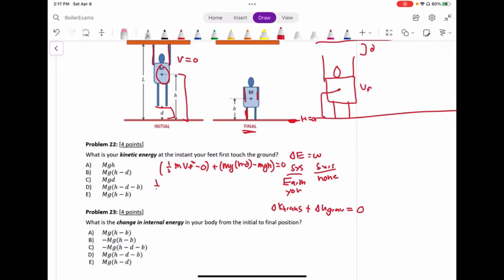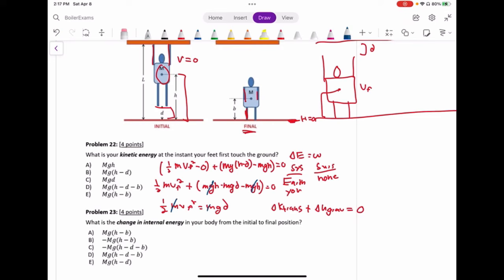Okay, so when we evaluate this now, mgh minus mgd minus mgh. Okay, those two are the same. Let's see, add over mgd, half m v_f squared equals mgd.